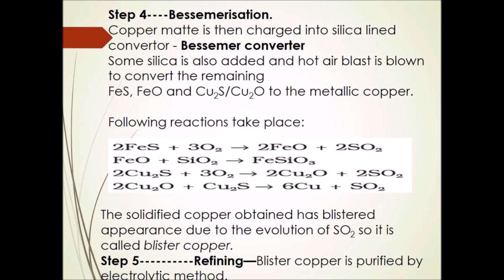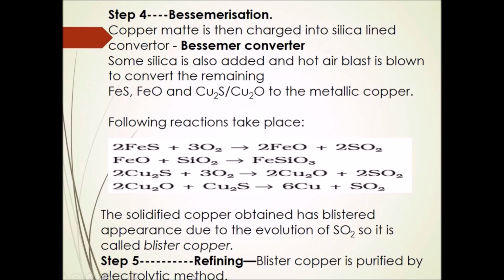After obtaining blister copper, which is 98% pure, it is subjected to refining. The last step in this process of extraction of copper is refining. This blister copper, which is 98% pure, is subjected to refining in order to obtain 100% pure copper. It is purified by the electrolytic method.